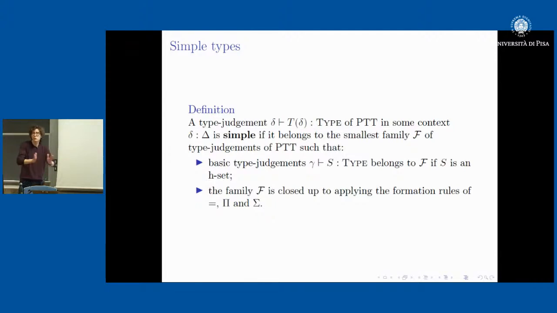So basically, you consider the simple basic types, the basic H sets of PTT, and you close them by equality, dependent product, and the dependent sum. What you get are the simple types.